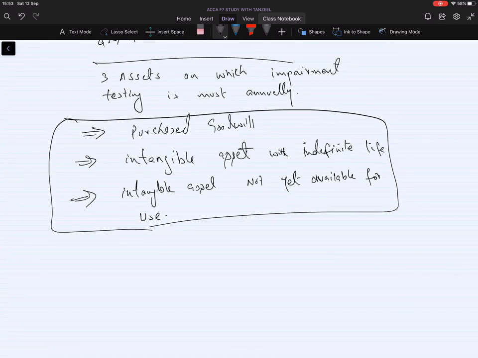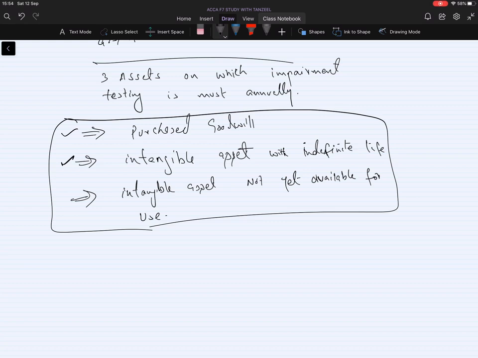The last topic for the day: there are 3 assets on which we calculate impairment annually. Every year we do an impairment test. First, purchased goodwill. Second, an intangible asset with indefinite life, like copyrights.